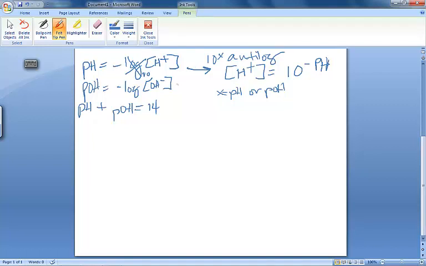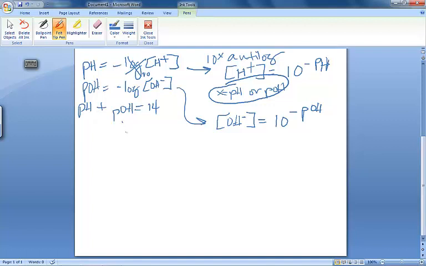By the same token, if I wanted to find just the hydroxide concentration, it would be the hydroxide concentration is equal to the anti-log, 10 to the negative pOH. Again, I've moved my negative sign and I've taken the anti-log. So X is simply your pH or pOH value, and that is how you're getting 10 to the negative X. So whatever your value is for your concentration of hydrogen or hydroxide, that is what you put to the negative power for 10.